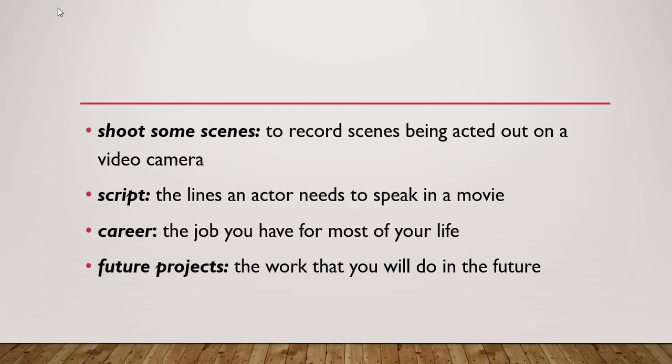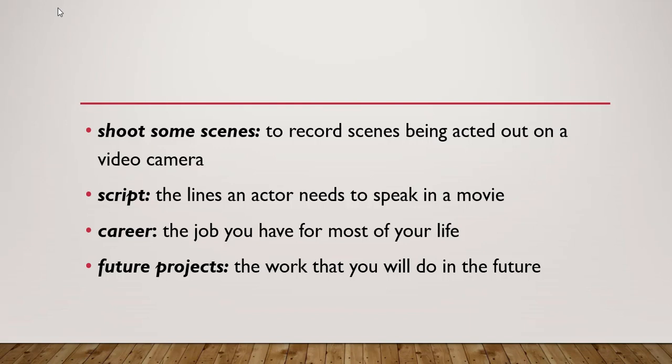Now, another word is shoot some scenes. Now, this is a technical word used in the movie industry, in movie making. Shoot some scenes, to record scenes being acted out on a video camera.